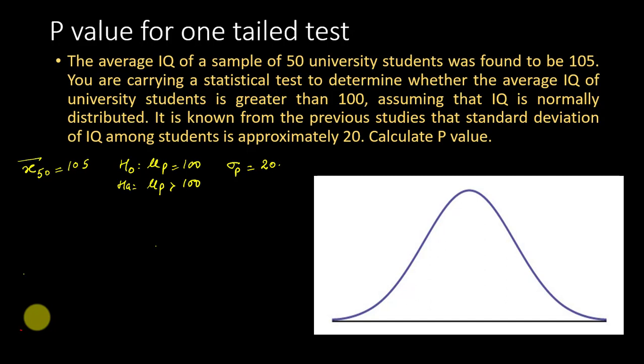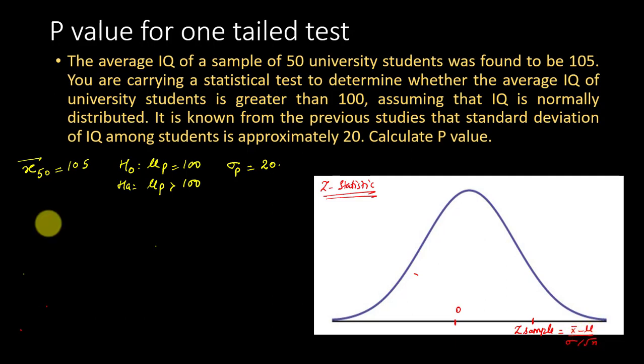Let us write down these equations in the form of the z statistic. Let us consider the curve of the sampling distribution of the mean. In this case, the z statistic will be the standard normal distribution curve having mean 0, and z of sample is x bar minus mu divided by sigma divided by root over n.